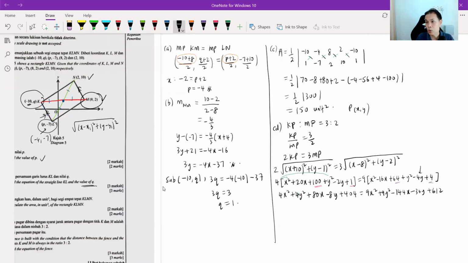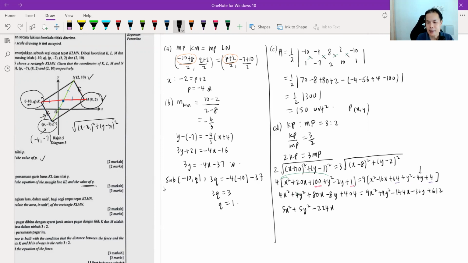So let's bring everything to the right-hand side because the 9 is bigger than 4. So 9 minus 4 gives us 5. I rewrite the x squared first. And then 9 minus 4 again, another 5y squared. Negative 144 minus 80 is negative 224x.